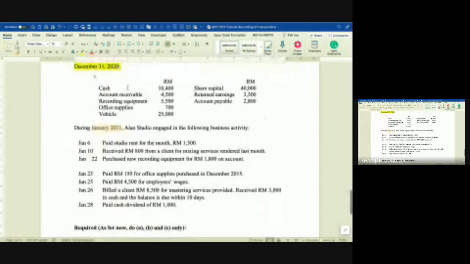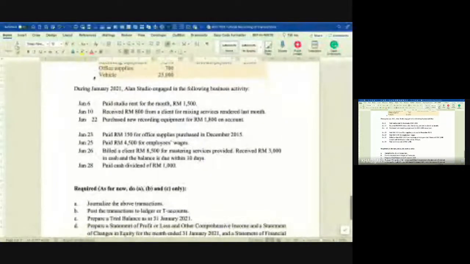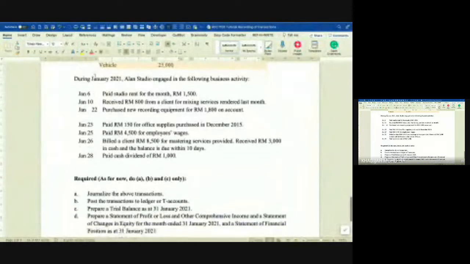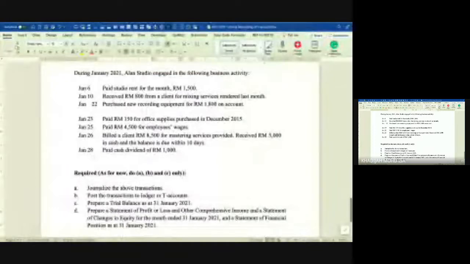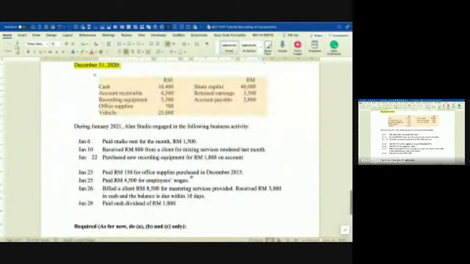So when you are given this information, you have to put these balances into the respective accounts. Later you are required to do A, B, and C. A is that you journalize and then post to the accounts and prepare a trial balance. So first you do the journal entry.